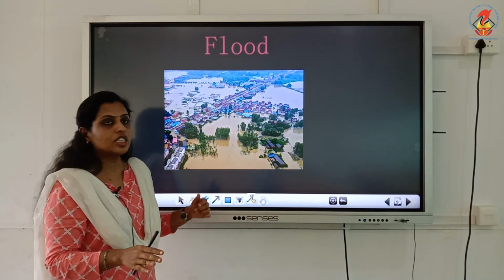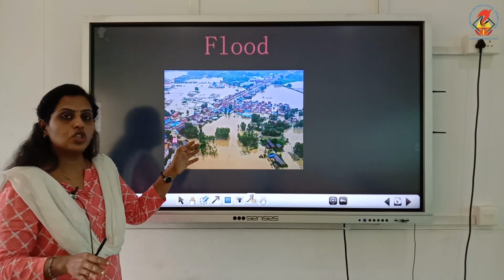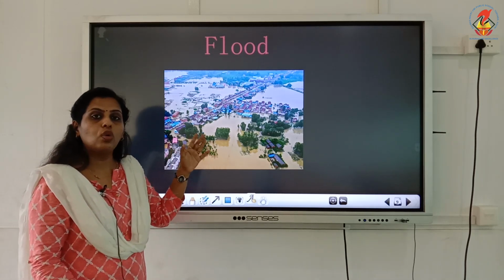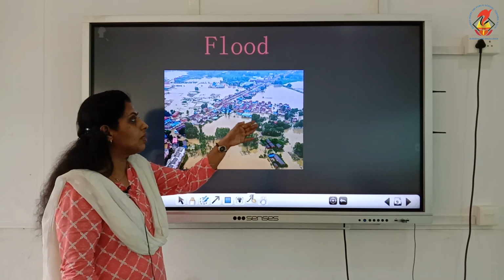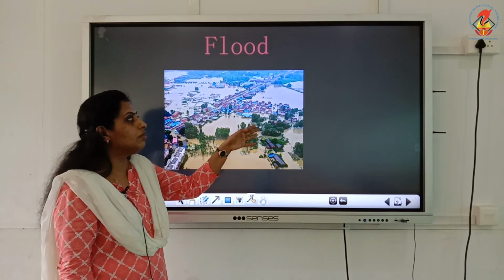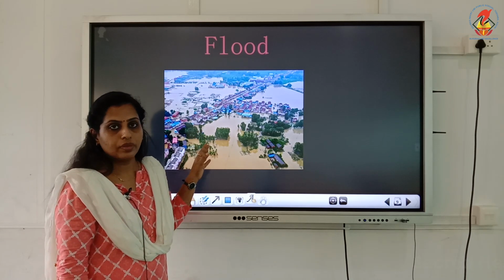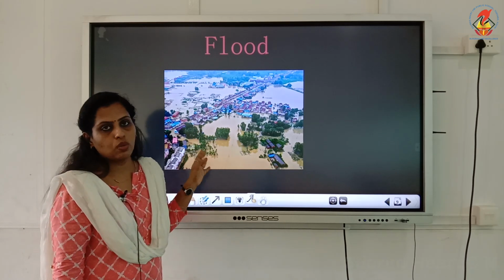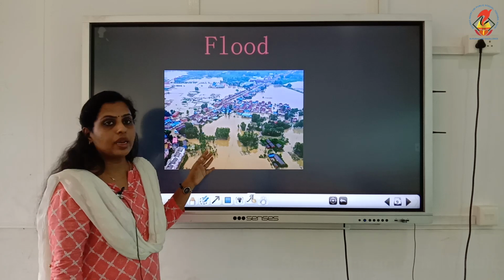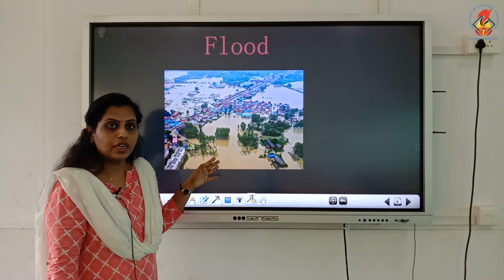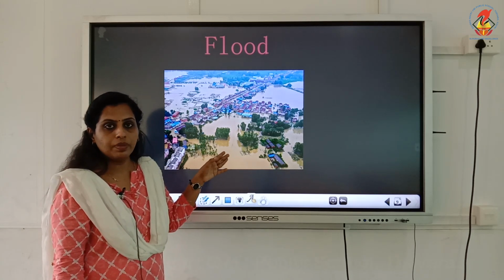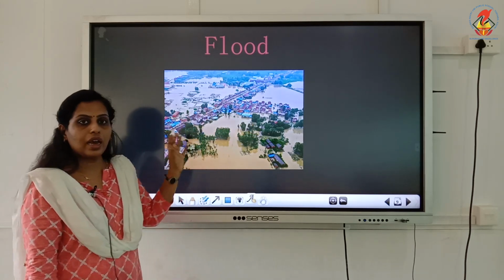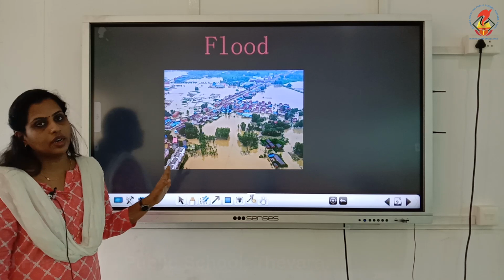You can see in this picture, this land is usually dry, but because of the overflow of the river, it has been submerged. It has been filled with water. That is what is meant by a flood. A flood is an overflow of river water which submerges land that is usually dry.